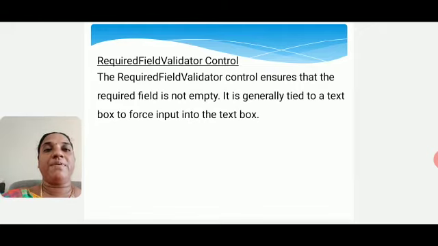That can be validated by the required field validator. For each text box you have to include one required field validator. For example, if you have two text boxes and you are going to validate both, we need two required field validators. Suppose there are 5 text boxes and we need data in all of them, then we have to include 5 required field validator controls.